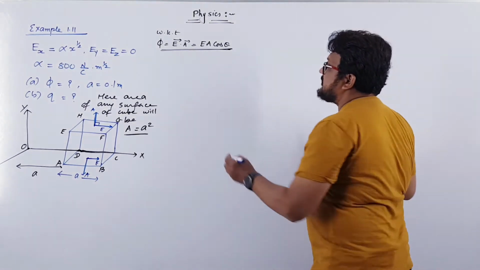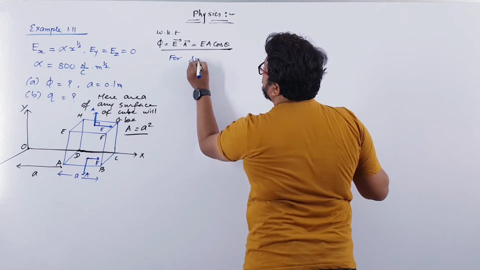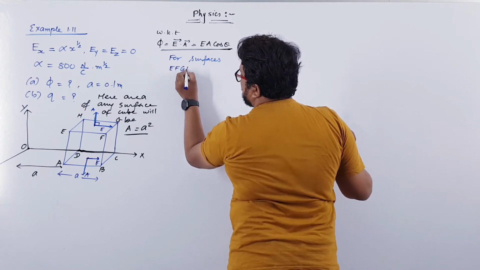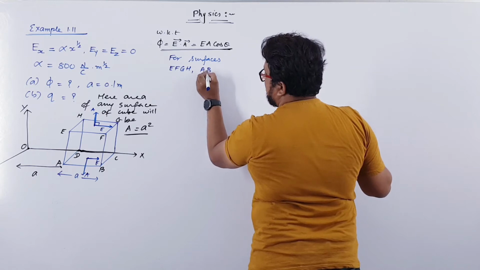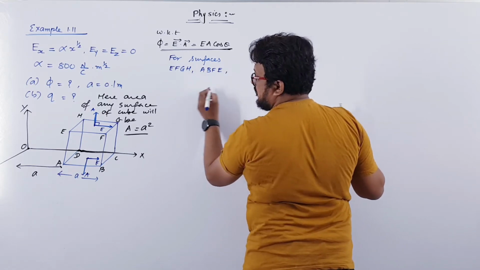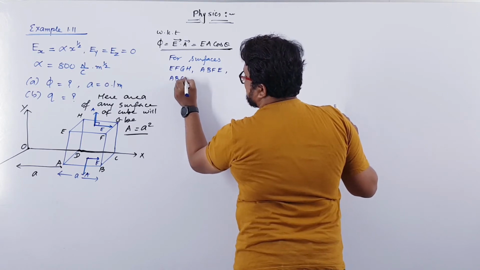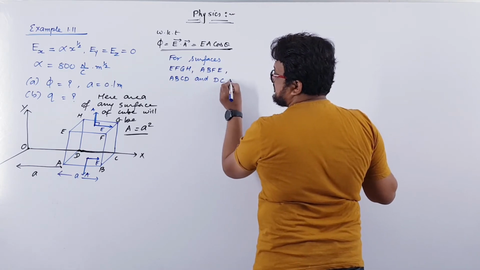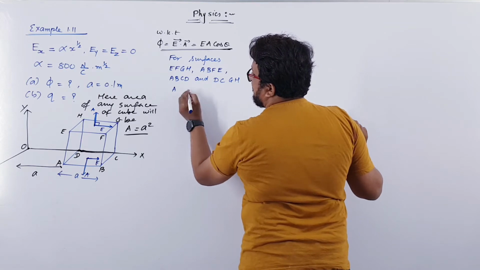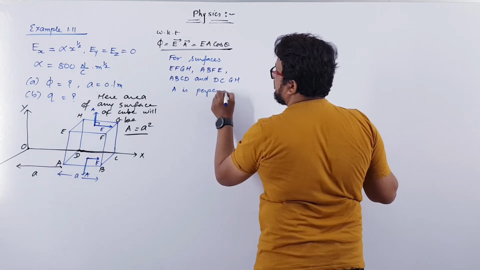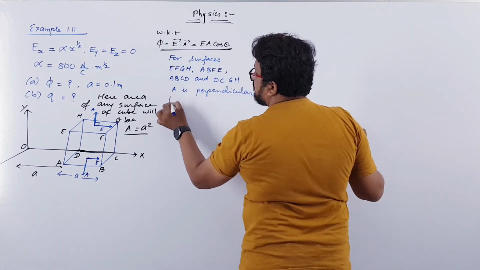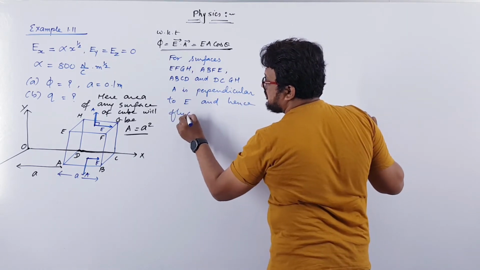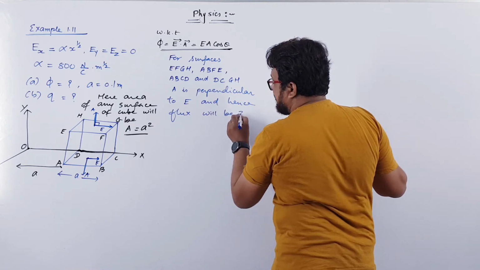So you can write that for surfaces E, F, G, H, A, B, F, E, A, B, C, D, and D, C, G, H, area is perpendicular to electric field, and hence flux will be 0 for these surfaces, right?